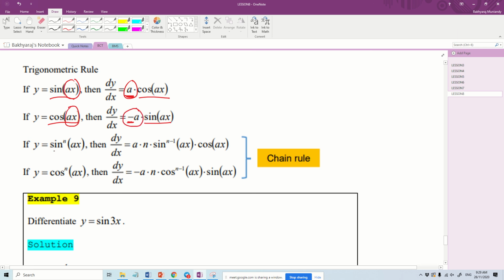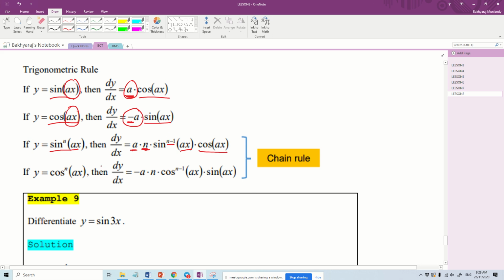Let's say you have sin to the power of n of ax, maksudnya n dia turun bawah, and you get n a (sin ax) to the n minus 1 times cos ax. Formula ni nanti saya akan bagi, kita akan buat one by one, don't worry.